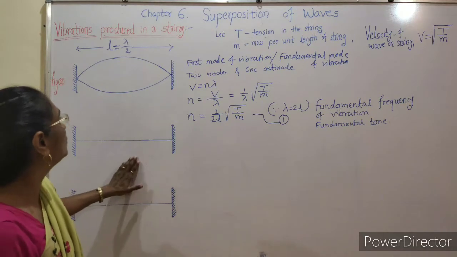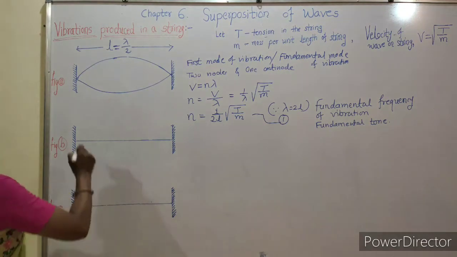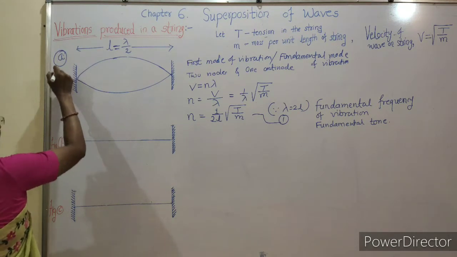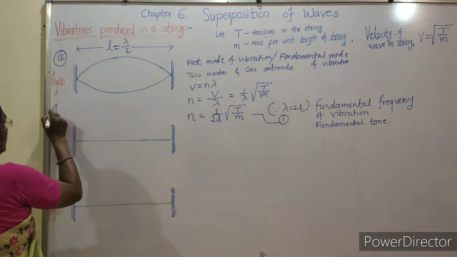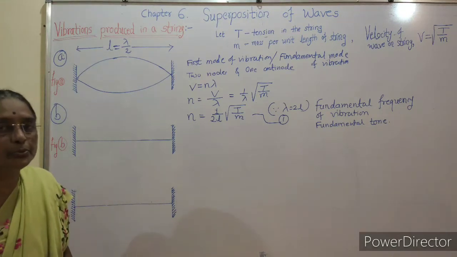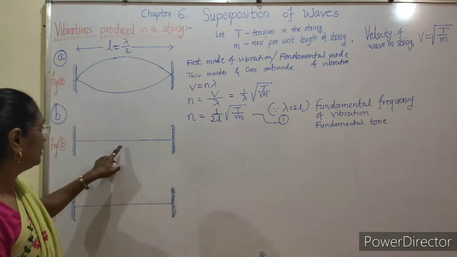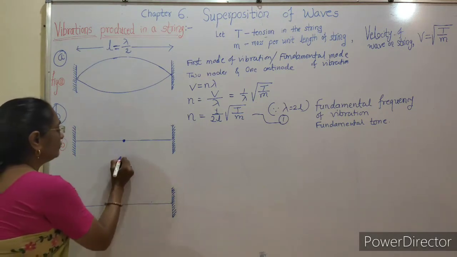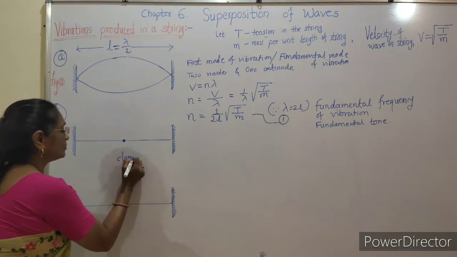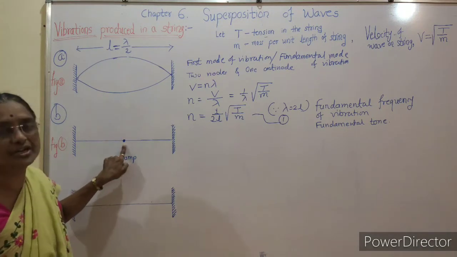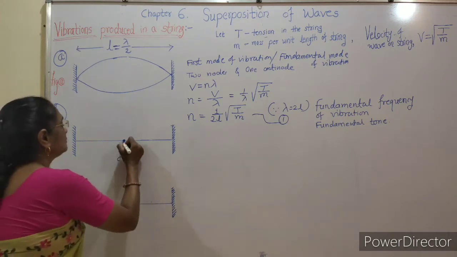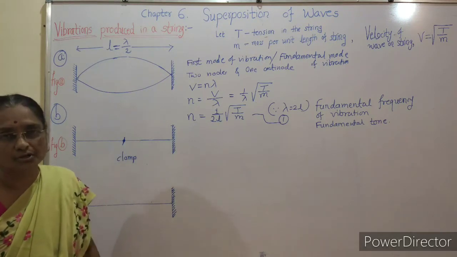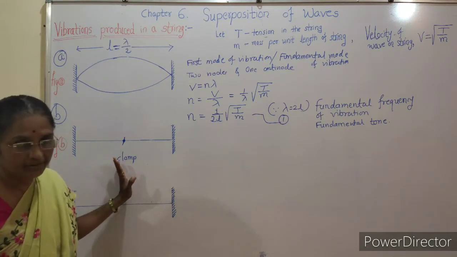Now we go to the second point. Suppose this point is A. The related figure is figure A. Now the second disturbance we give in this way. Suppose at the center the string is clamped, there is a clamp at the center, by any means, so that this point cannot vibrate.